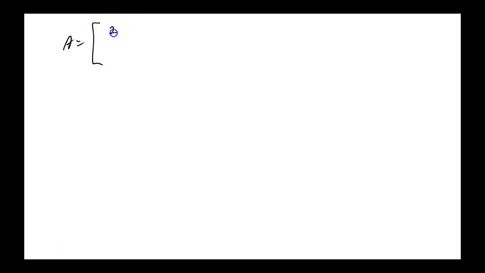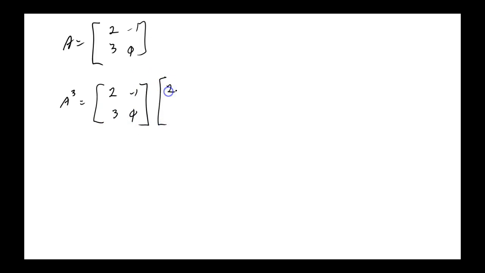2, -1, 3, 0. Okay? They want us to calculate AQ, which you could call it that. So that would be [2, -1; 3, 0] times [2, -1; 3, 0].